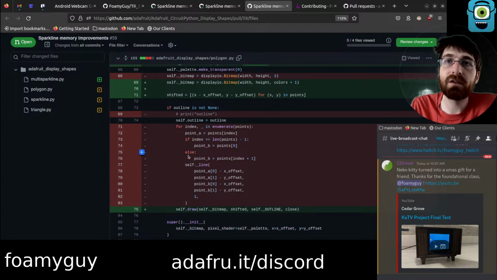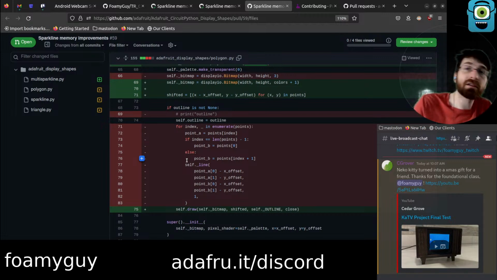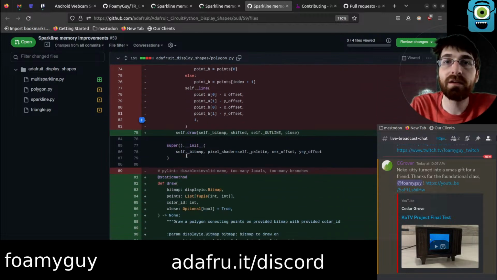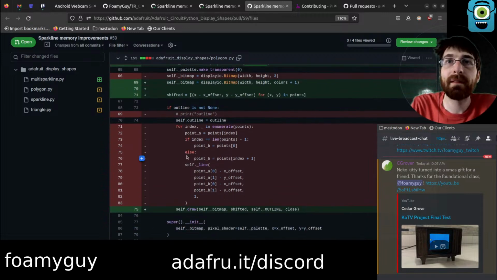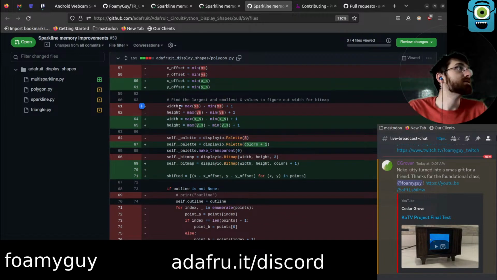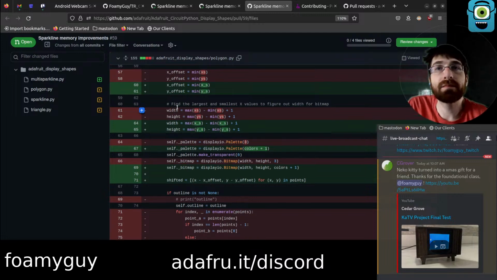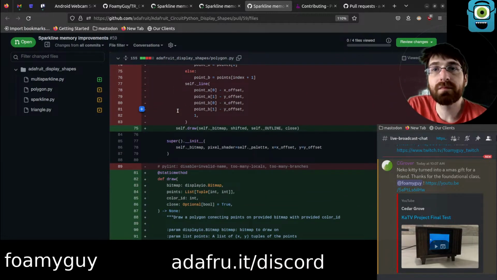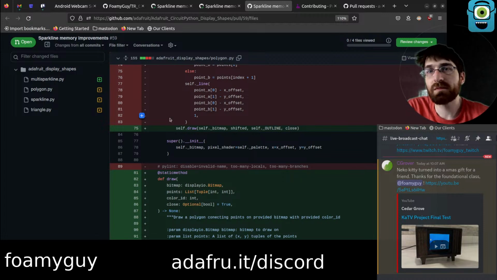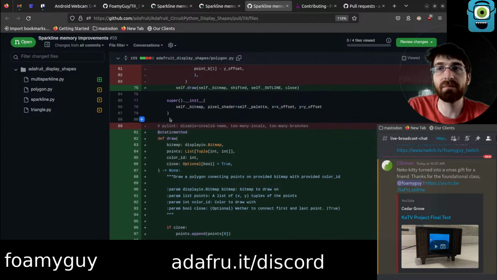Interesting. So this is draw. So did this maybe get refactored out of here and into draw? Yeah. Static method draw. Static method? Throws a polygon onto the provided bitmap.